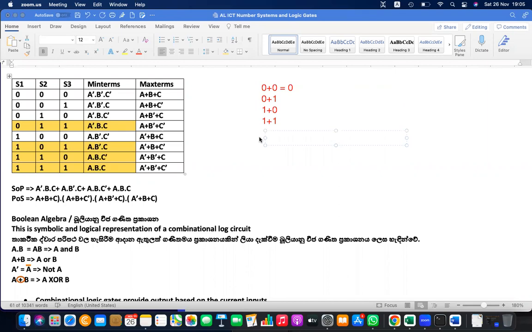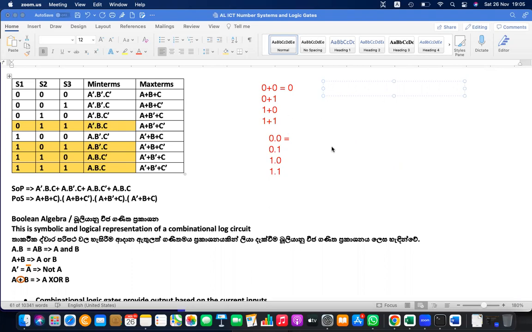Then similar to that, 0 AND 0, 0 AND 1, 1 AND 0, 1 AND 1. Not only that, then 0 XOR 0, XOR gate, like you know how to write, but I'm not going to do that. 0 XOR 0, 0 XOR 1, 1 XOR 0, 1 XOR 1.